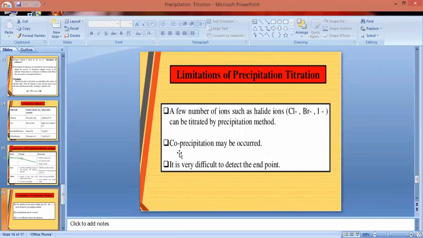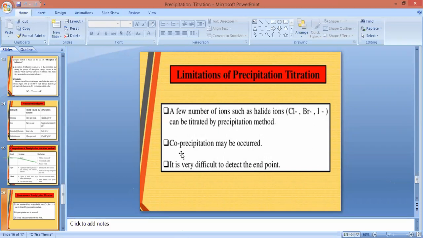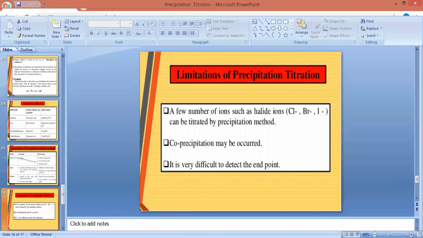There may be formation of co-precipitation during the titration process, and it is very difficult to determine the endpoint if there is no distinct color change. So these are the limitations of precipitation type of titration. It is applicable only for determination of these three halide ions. Co-precipitation may occur during formation of precipitate. What is co-precipitation?